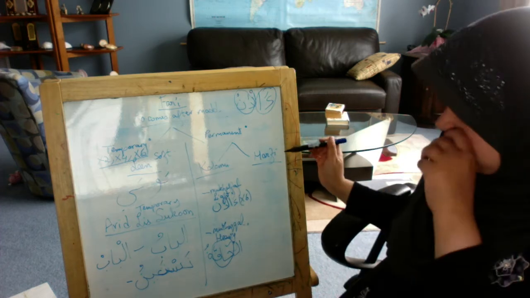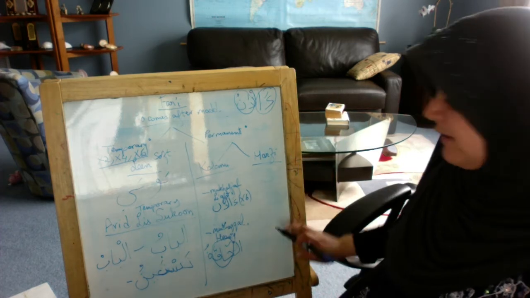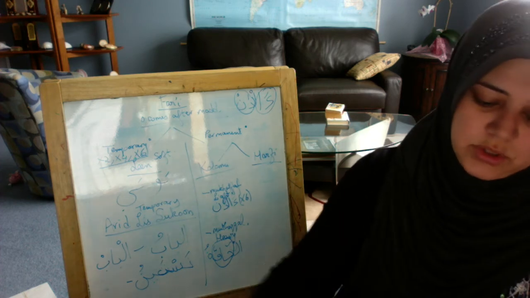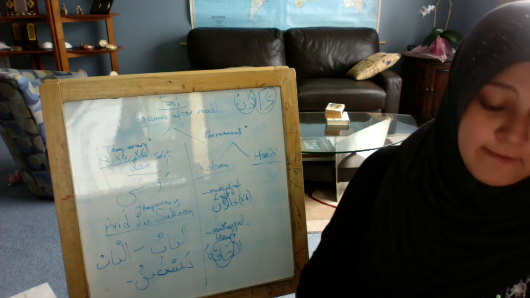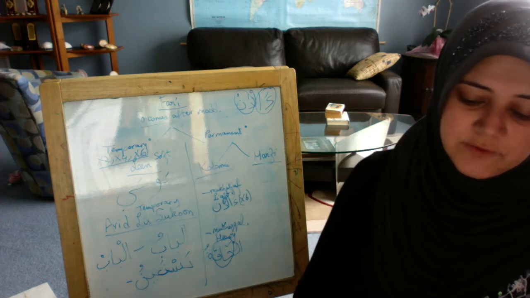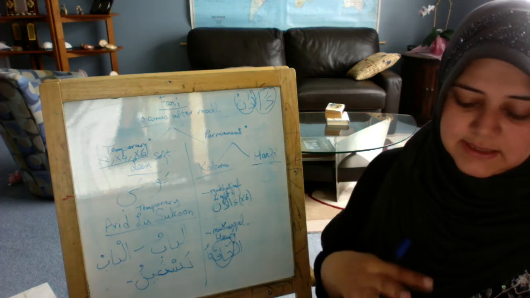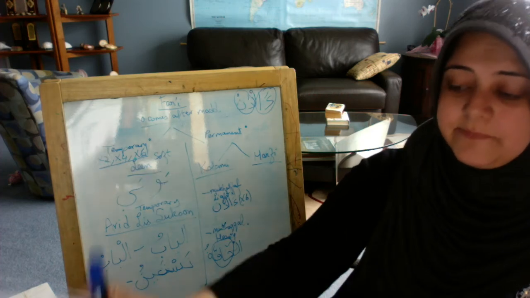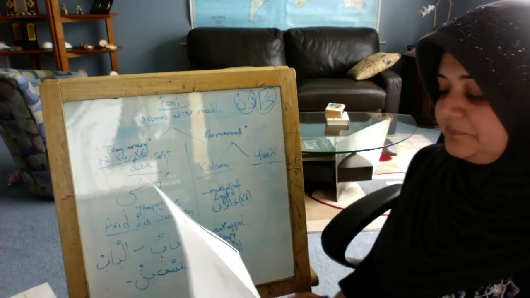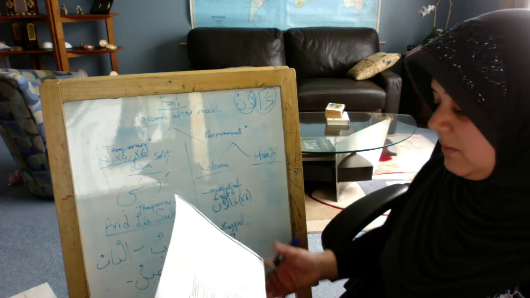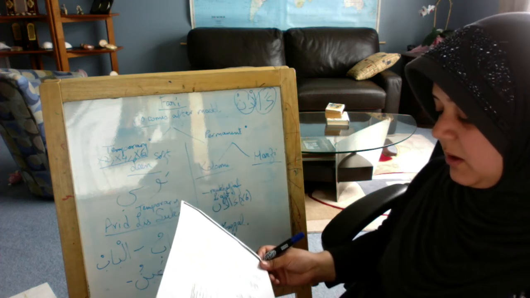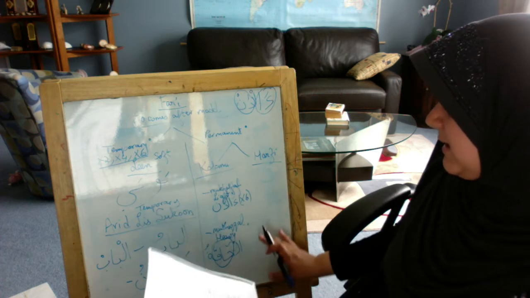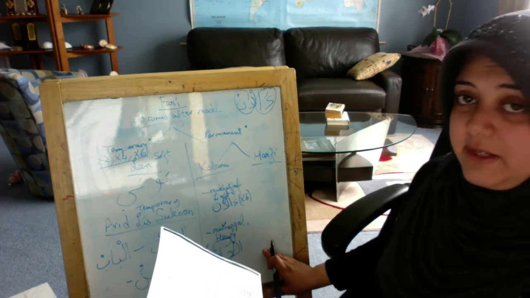Now we're going into Madd-e-harfi Mukhaffaf and Muthaqqal. Madd-e-harfi means it is only in one word. Now, for this, you're going to have to separate it a little bit in there as well. Madd-e-harfi Muthaqqal is going to be, the Muthaqqal is heavy, right?